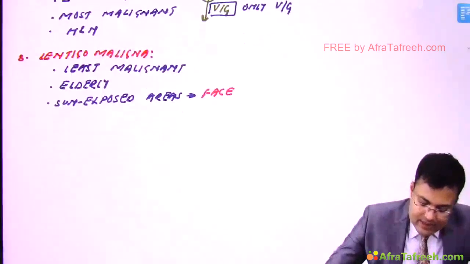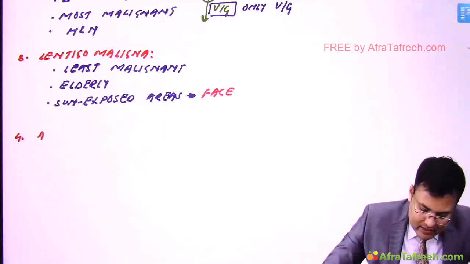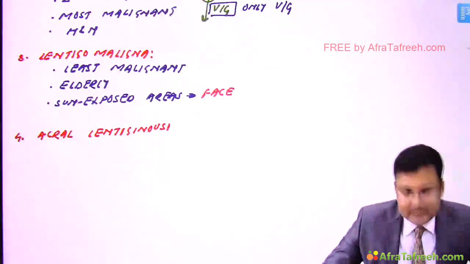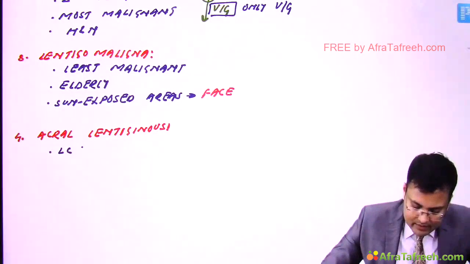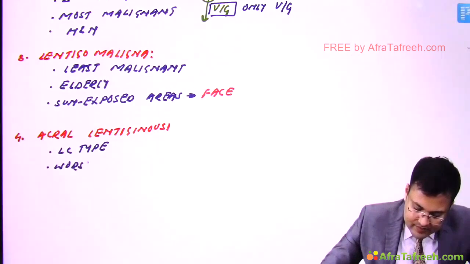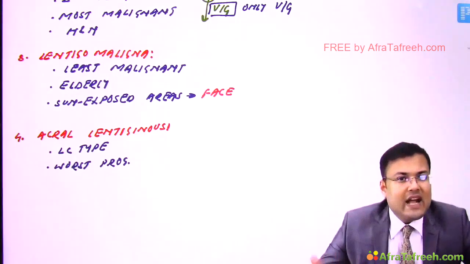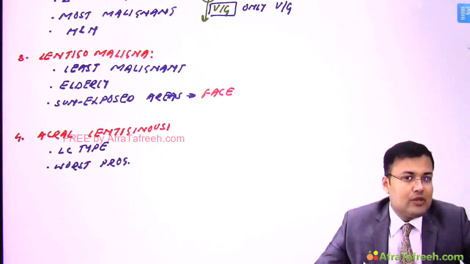So the fourth type is acral lentiginous. Clear? So this is the least common type having worse prognosis, right? What is the question which is asked about this acral lentiginous? The name is acral. So what is the most common site?